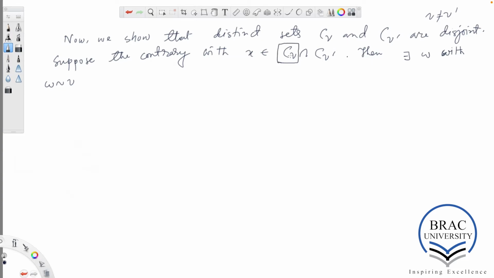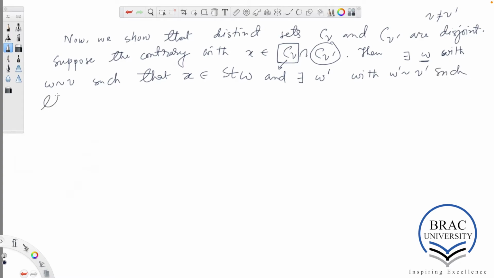So now just consider x being in the set C sub V. From the definition of C sub V, there exists a point W with W being equivalent to V, such that x belongs to star of W. And when we consider x belonging to C sub V prime, there exists a point W prime with W prime being equivalent to V prime, such that the same x belongs to star of W prime.